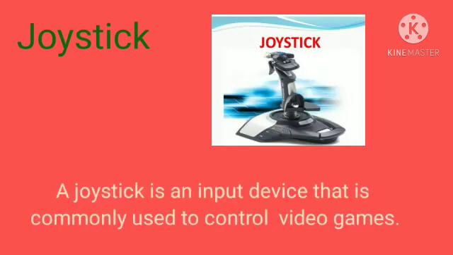Next input device is the joystick. A joystick is an input device that is commonly used to control video games. It is also a pointing device. A joystick helps us to play games on a computer. It has a lever and buttons to control the objects in the games.